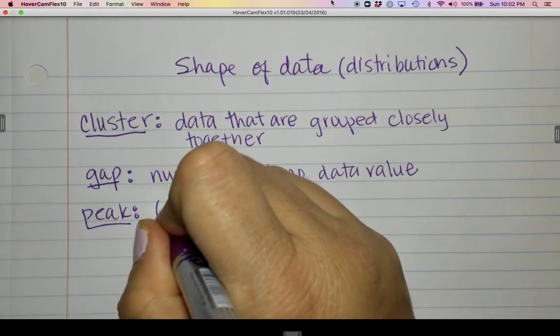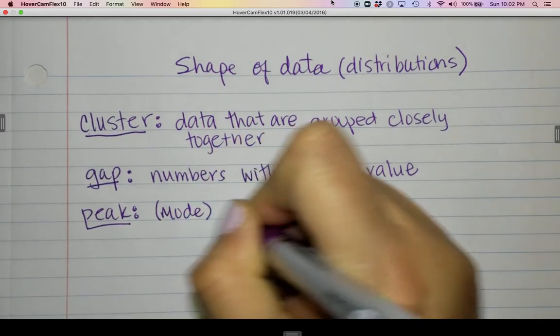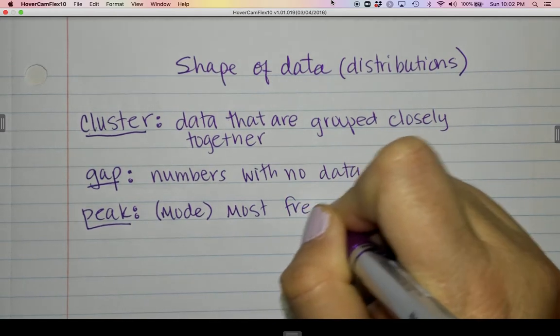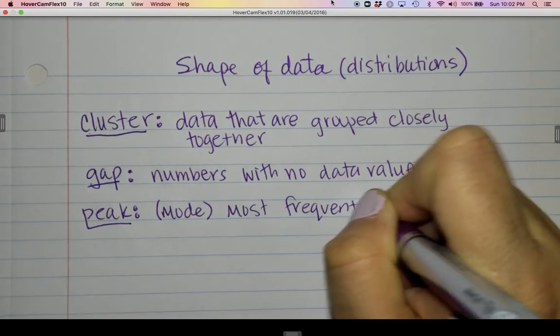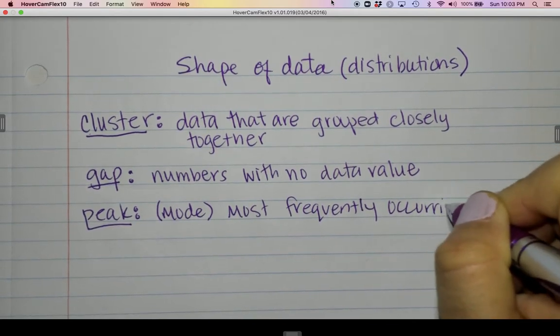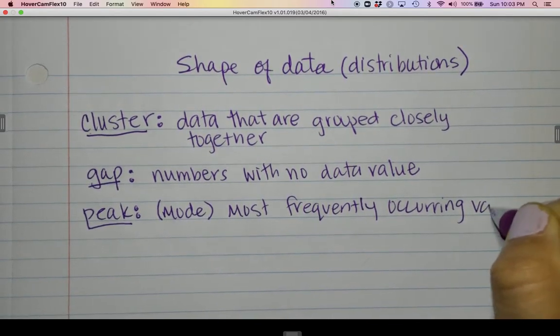A peak is the mode, which is the most frequently occurring values.